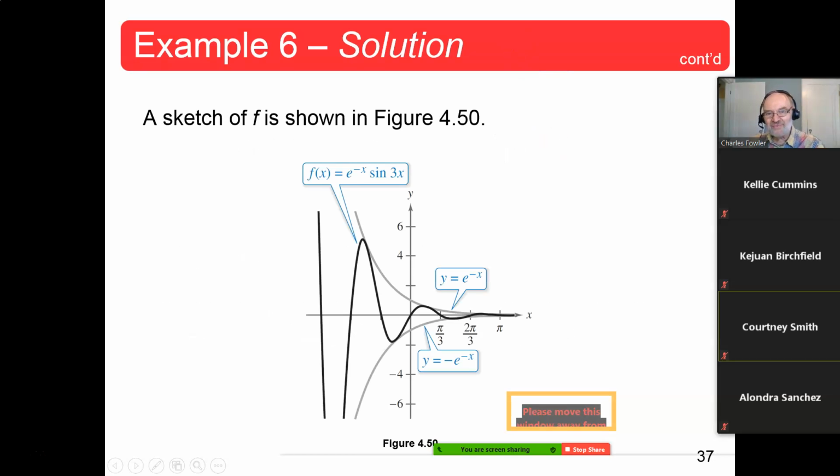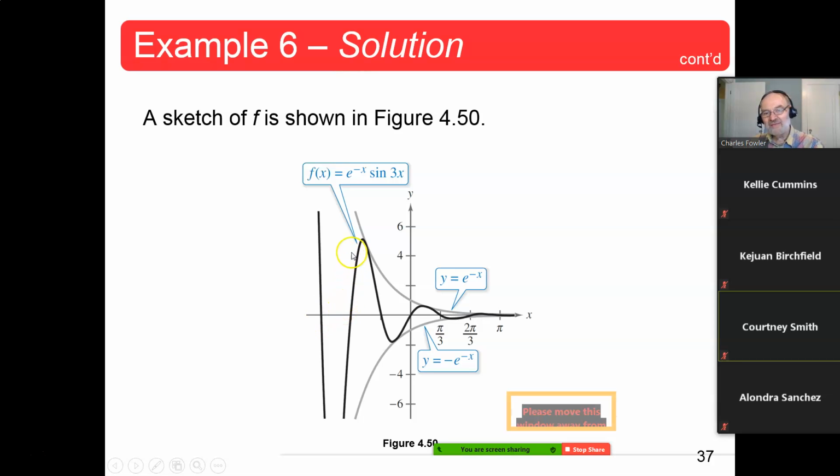If you just did the e to the minus x, like we did here, minus e to the minus x like we did there, put your zeros at every other interval. So that would be at 0, pi thirds, 2/3 pi, pi, and going backwards, minus pi thirds, minus 2/3 pi, minus pi over here.